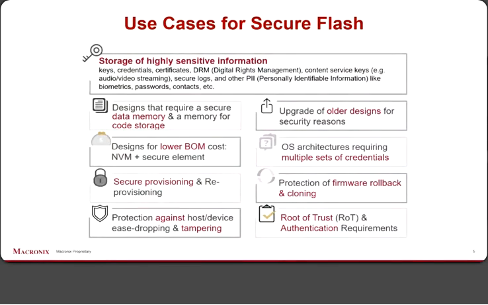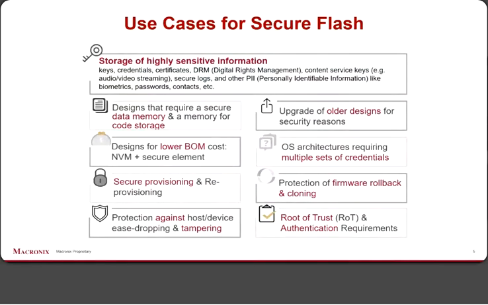And then some OS architectures require multiple sets of credentials. In fact, quite a few, even say greater than 4 kilobytes of credentials. And a good example of that would be automotive, these newer automotive vehicles that are storing a lot of keys and credentials.